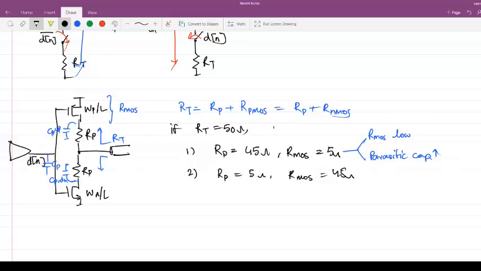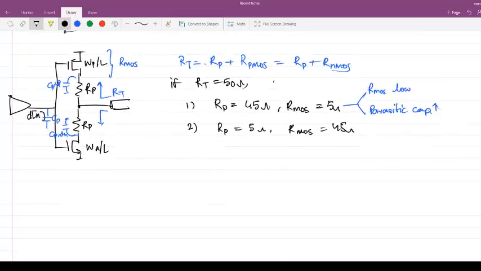Okay, so one thing is that if I do this, I do not have any resistance, and if all the resistance is coming from the MOS, then I have a large variation, right? I need to take the process variation into account. So one of the ways is you use a resistance here.